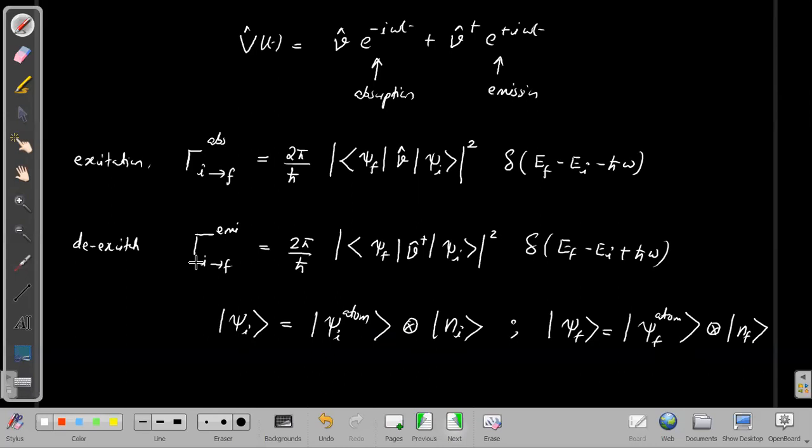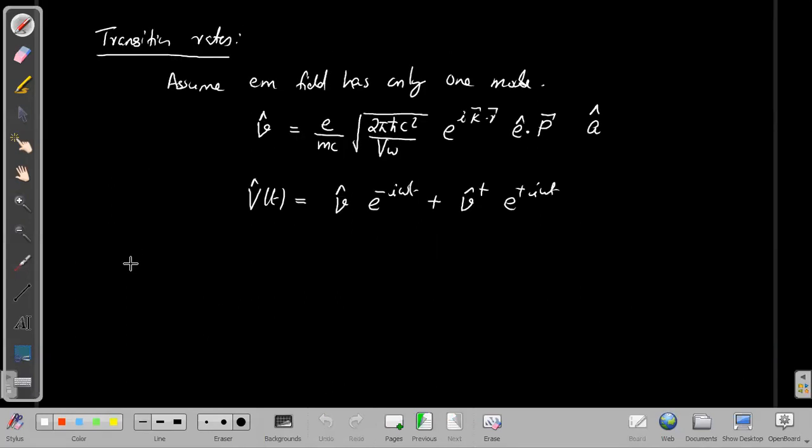So then what about the transition probability or transition rate? We can first go for the transition rate for absorption, or excitation. So gamma absorption from I to F is 2 pi by h cross the mod square of psi f atom, comma, Nf.